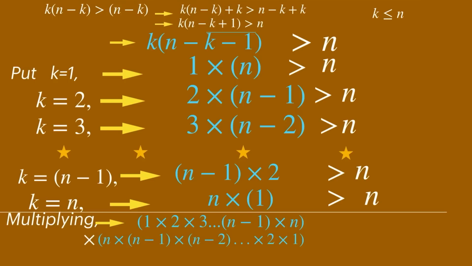So all are multiplied, and we have two sets. First line you see 1 into 2 into 3 into ... into n minus 1 into n, and the second line n into n minus 1 into n minus 2 into ... into 2 into 1.